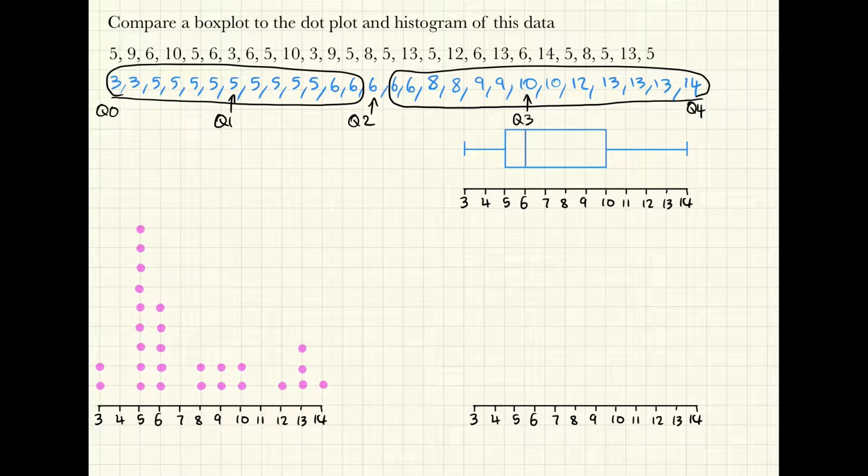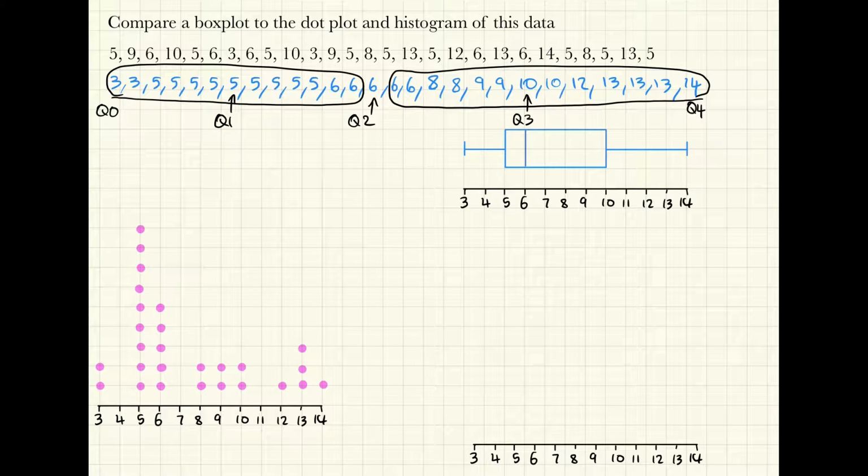I'm going to give myself a little bit more space with this graph. I'm going to go down a little bit, down to here, right there. And I'm now going to set up with my line. So I'm going to go up in twos: 2, 4, 6, 8, 10.